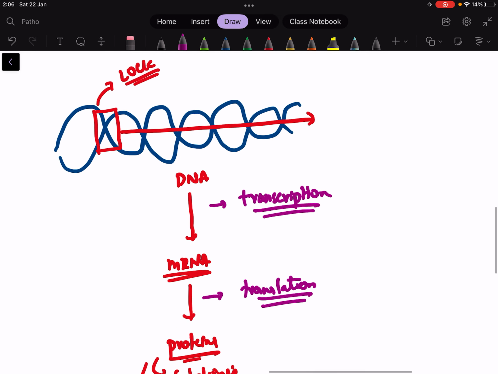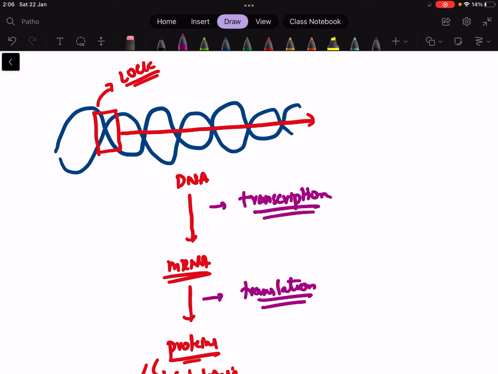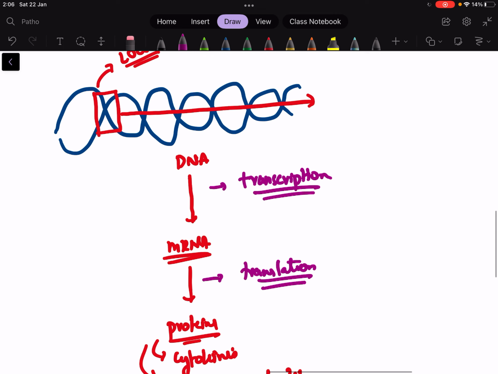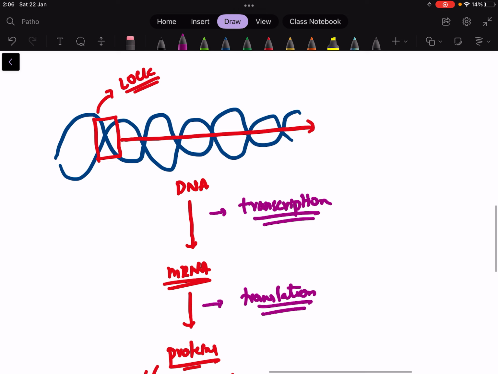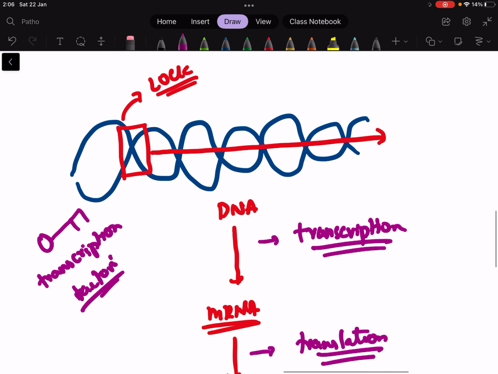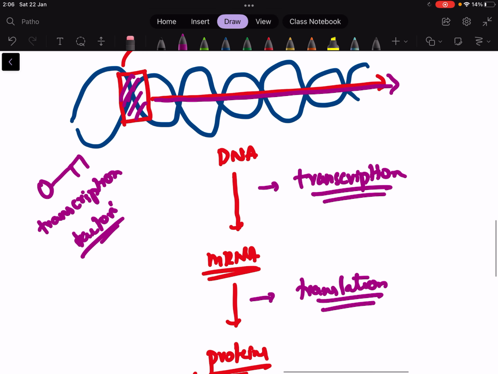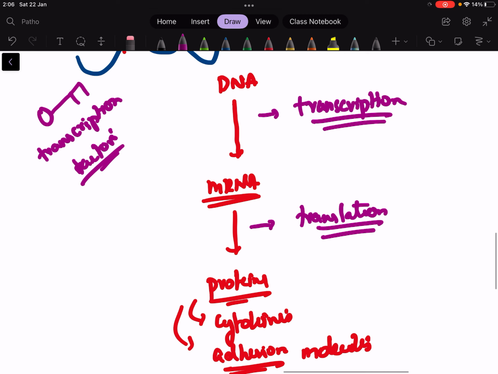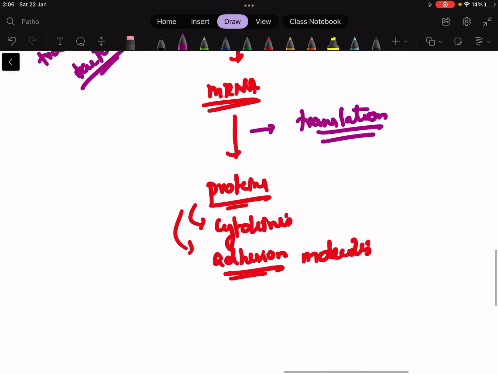So as you can see here, there is a lock, hence the DNA is not getting converted into mRNA, and from mRNA proteins are not getting formed. So we need a key, right? We need a key to unlock the DNA synthesis, and this key is called transcription factors. Once the transcription factors unlock it, obviously the DNA synthesis will occur, and from it we form mRNA, and from mRNA we form proteins such as cytokines and adhesion molecules.